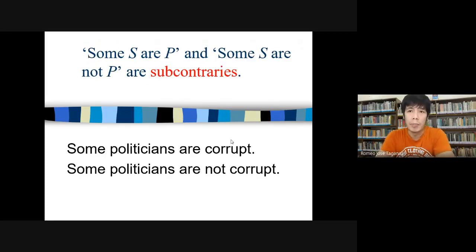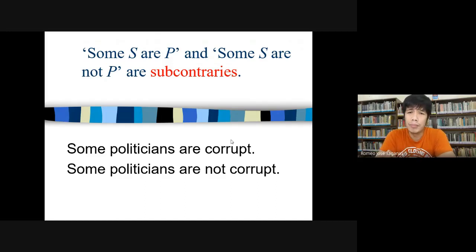Some S are P and some S are not P. Subcontraries daw sila. Again, we have two examples below. Some politicians are corrupt and some politicians are not corrupt. The first example has a quantity that is particular and the quality is affirmative.